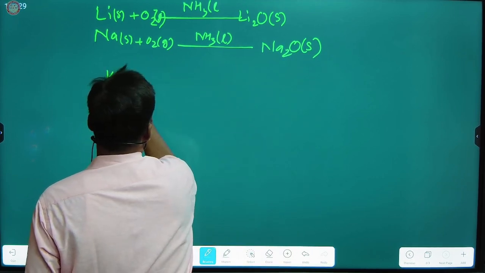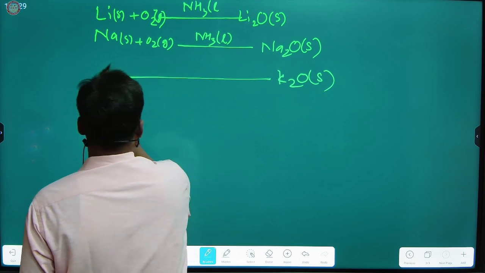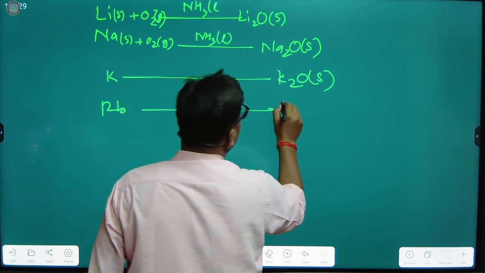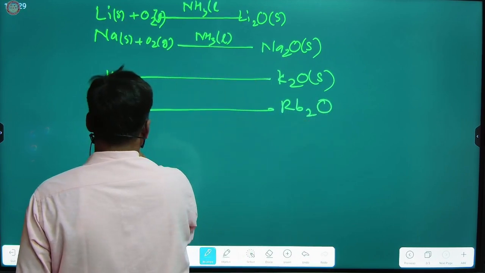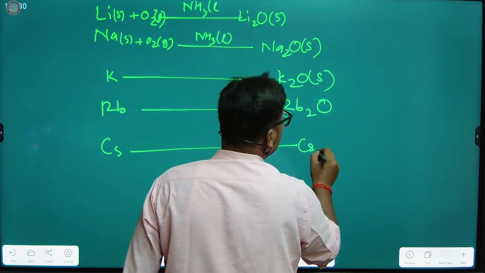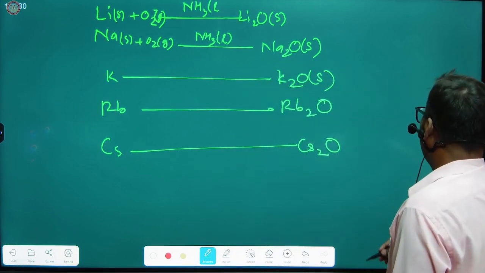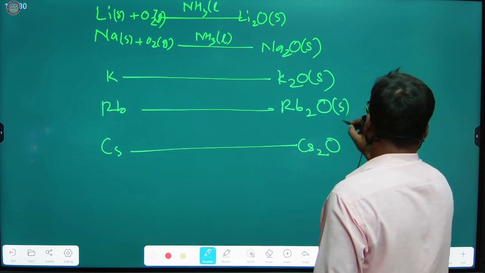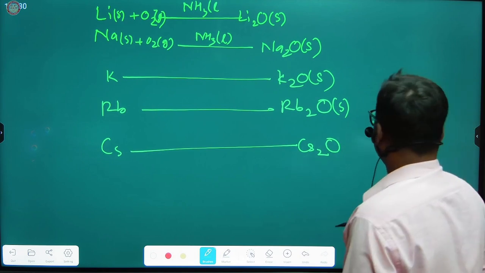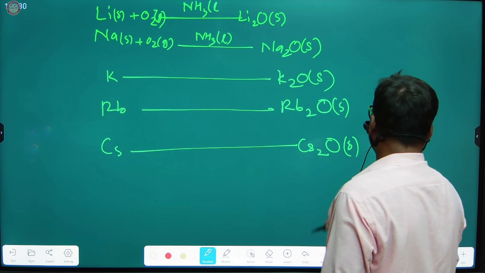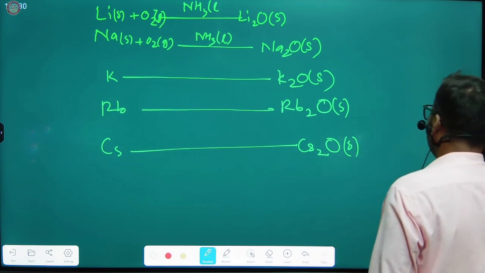And potassium similarly K2O in the solid state, and rubidium similarly Rb2O, and cesium Cs2O. So all alkali metals actually form monoxide, but stability depends on the size of alkali metal cations, and this is the trend.